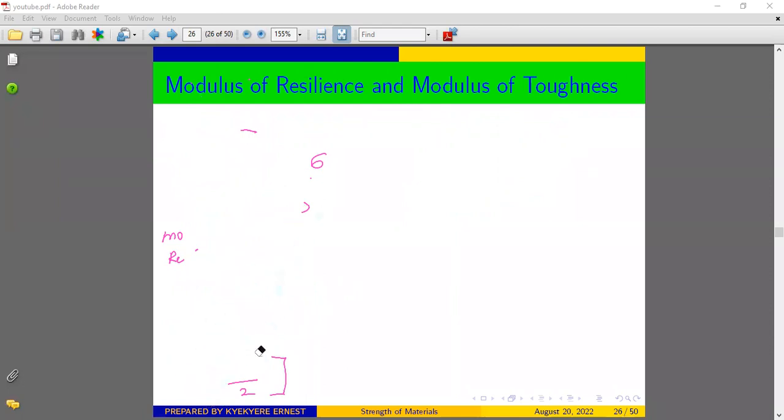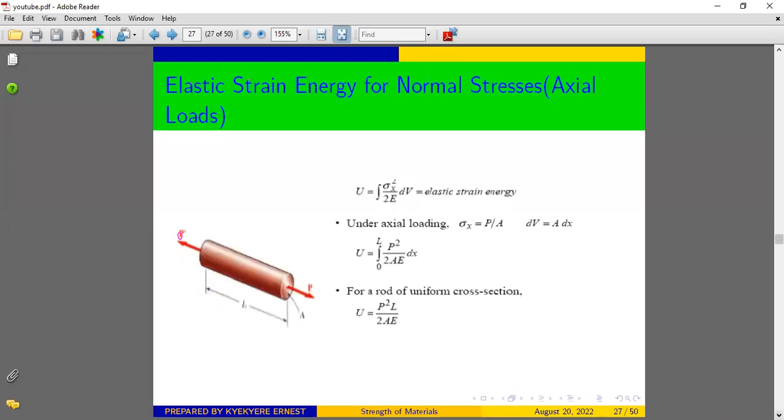Then from there, I think we can just look at the strain energy for axial loaded members. Good. So for a member which is loaded axially, like what I have on the screen, we have already established that the strain energy in terms of the stress is equal to this formula, which is the integral of the stress in the x direction squared over 2E.